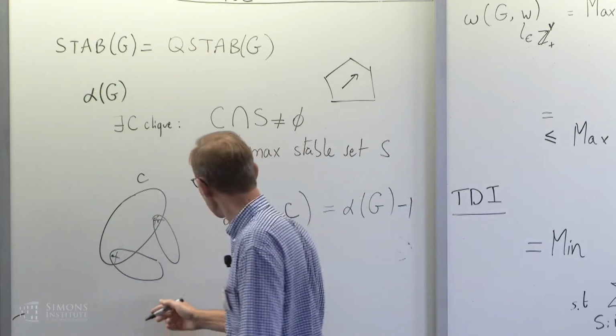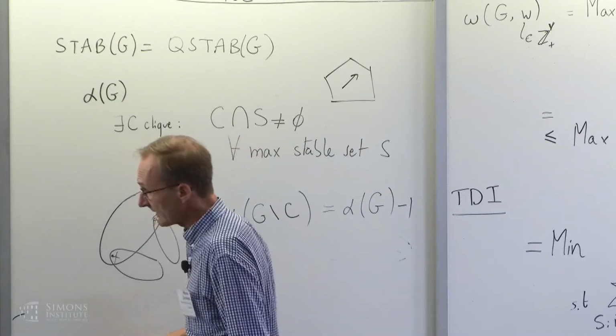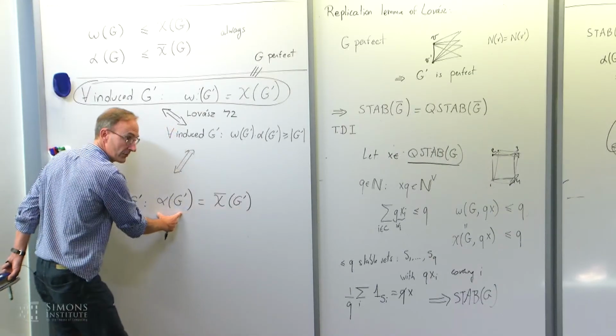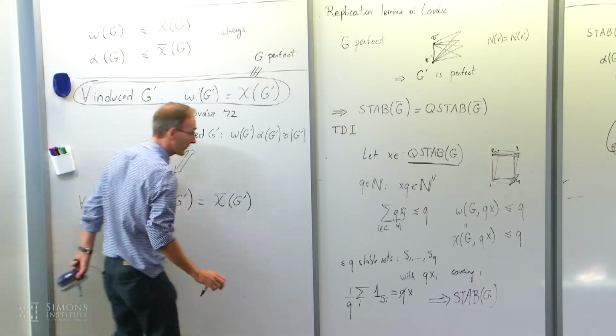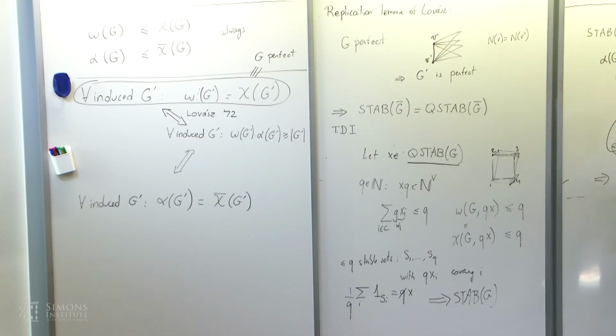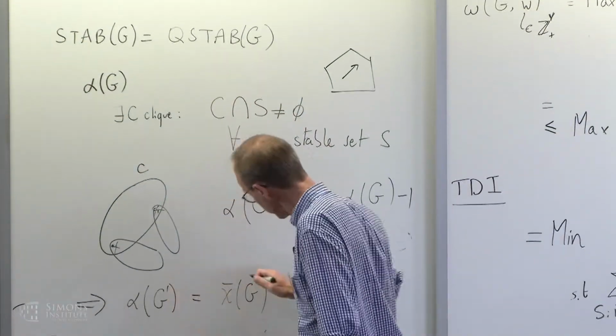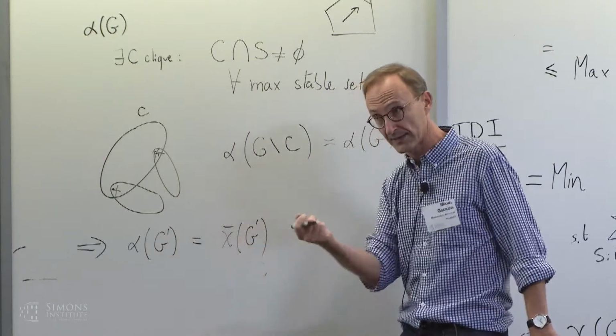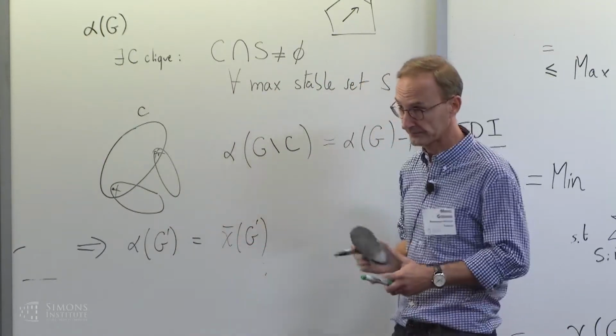And so what you get is a number of cliques equal to the stability number of the original graph. So that shows alpha of G is equal to chi bar of G. Implicitly, you can go to the induced subgraph by just setting some of the weights to 0.